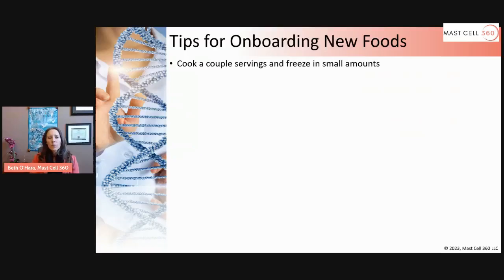So I have people cook, this says a couple, but actually a few servings, and freeze them in the amounts you're going to try. Let's say, for example, you're going to try oyster mushrooms. I'm going with the oyster ones because they're lower FODMAP, but it could be button mushrooms if you don't have FODMAP issues, or shiitake, whatever.